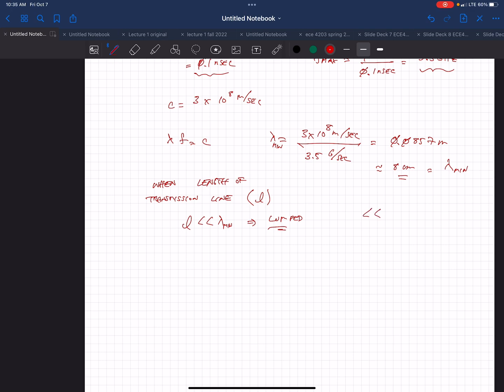What does much smaller than mean? For me it means 0.1x. So in this case, when L is less than 0.1 times 8 centimeters, so that's 0.8 millimeters, we can use a lumped model.